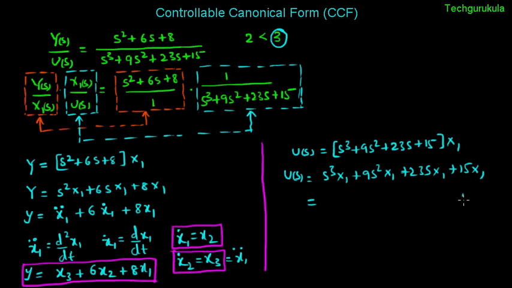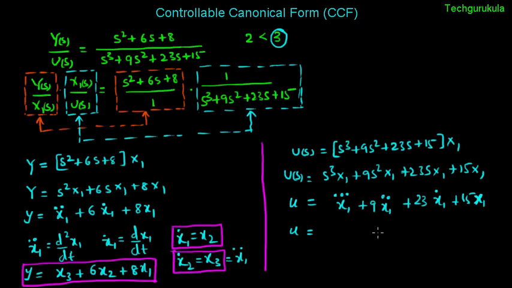We know 15 x1 is simply 15 x1. Now I need to convert this into time domain, so u is equal to, now this x1 is a small variable representing it is in time domain, plus 23 x1 dot plus 9 x1 double dot plus x1 triple dot, because s cubed is 3 time derivatives in time domain.